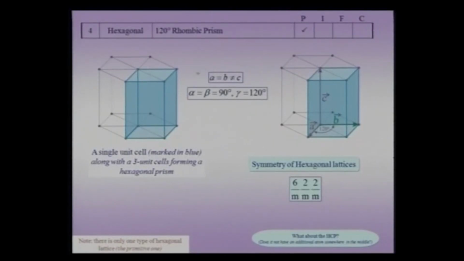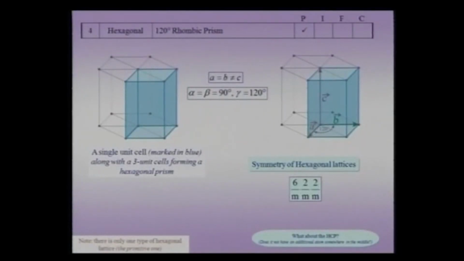So we have the relationship among the lattice parameters as A equal to B not equal to C, alpha equal to beta equal to 90 degrees, alpha and beta being the angles between the A and C and the B and C axes, and gamma, which is the angle between A and B, equal to 120 degrees. The hexagonal lattices have a symmetry of 6/m, 2/m, 2/m.